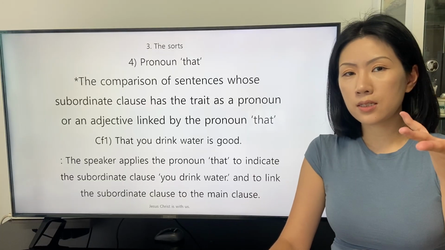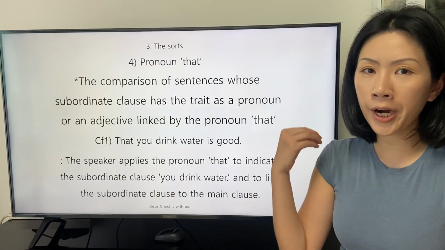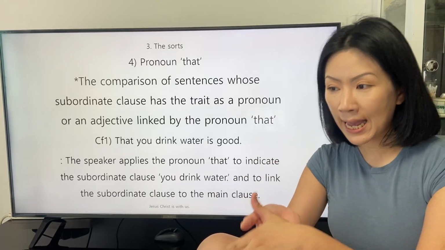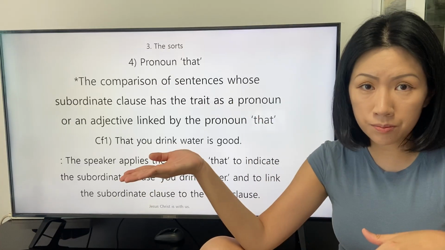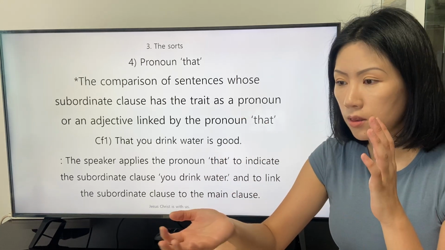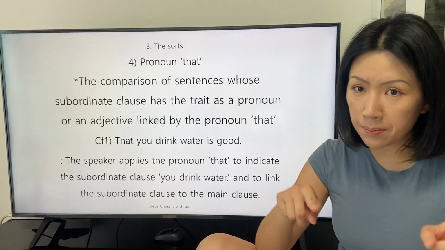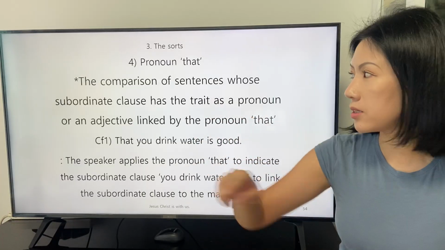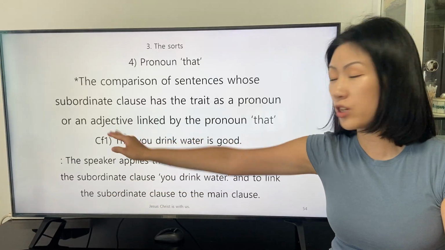Unlike this application of the pronoun for the subordinate clause, the speaker applies the subordinate clause to describe the precedent in the main clause when the subordinate clause has the trait as an adjective.